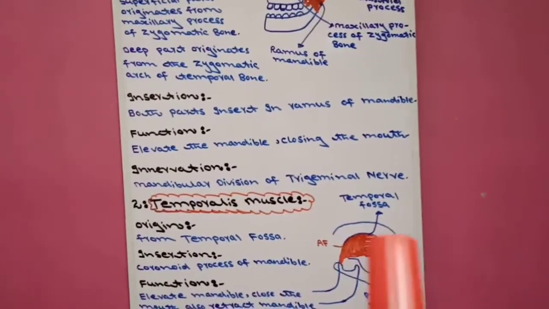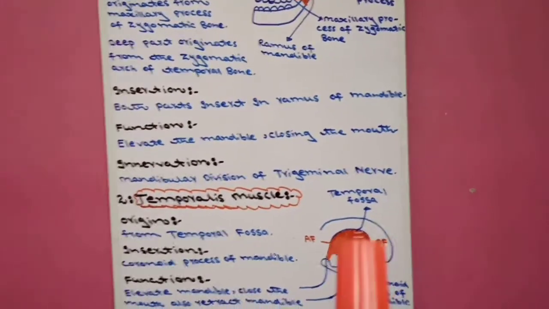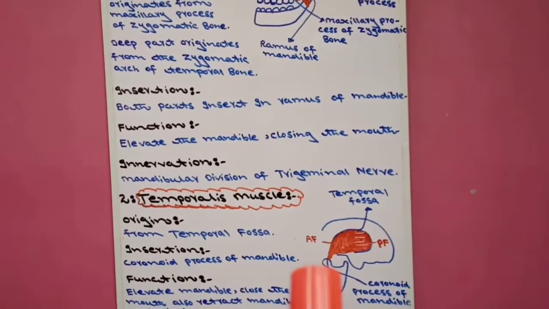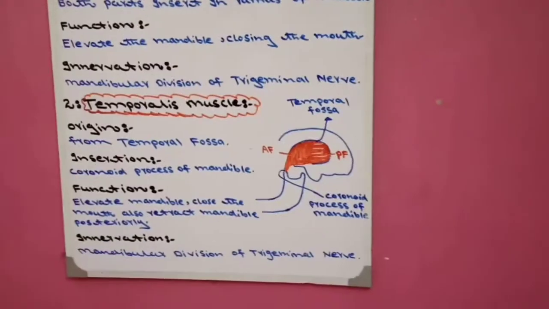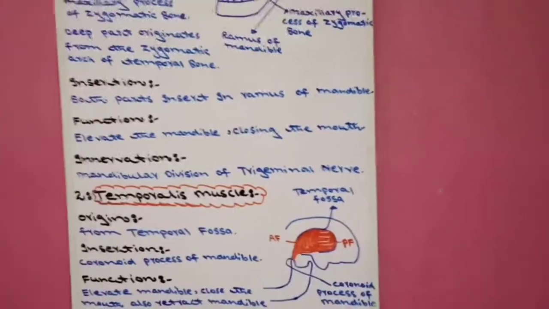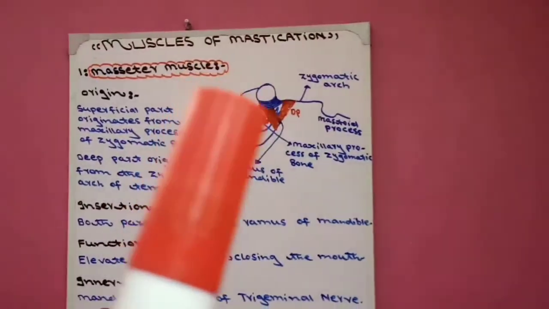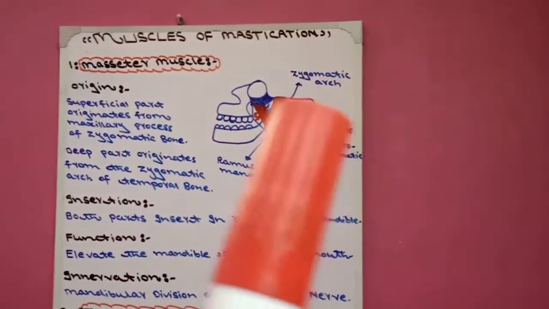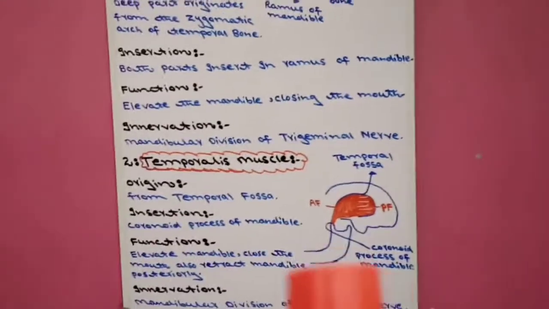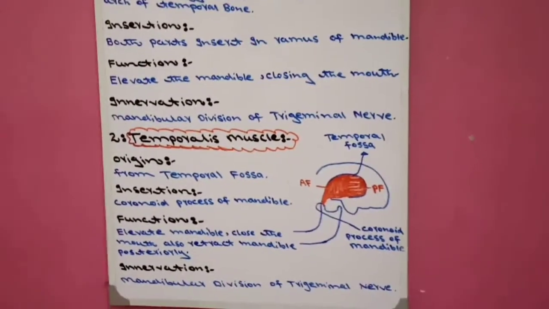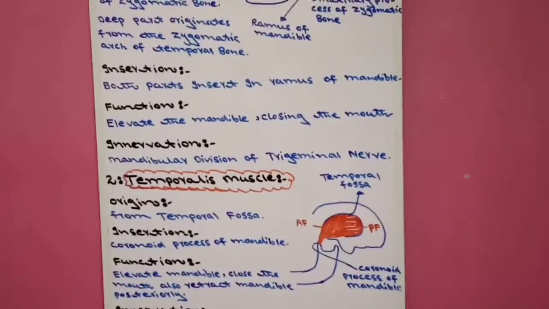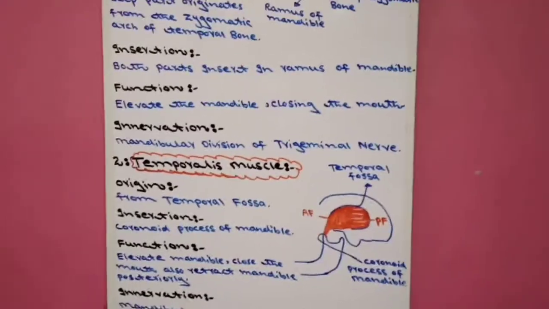Now the origin of temporalis muscle is from temporal fossa and the insertion is on coronoid process of mandible. Now, unlike masseter muscle which has superficial and deep parts, here there is no superficial and deep part, but there are anterior and posterior fibers.